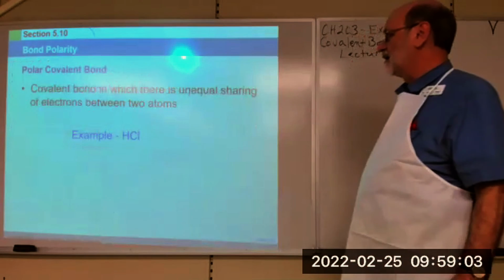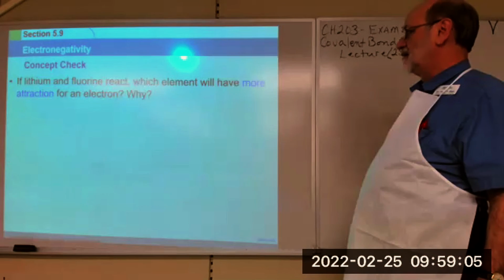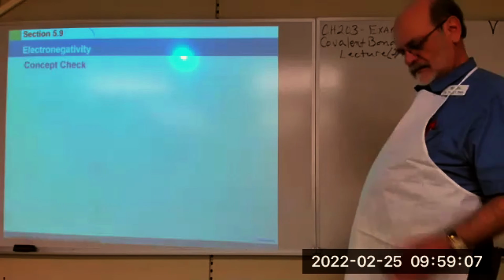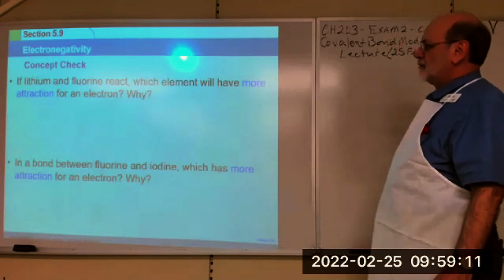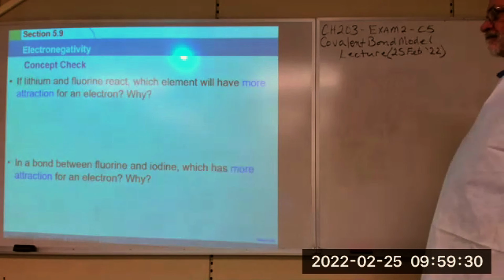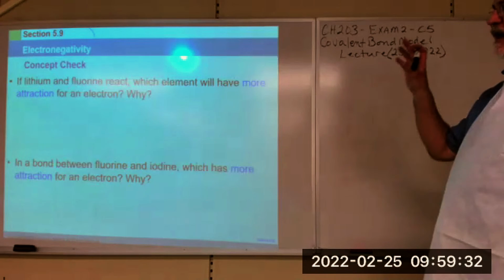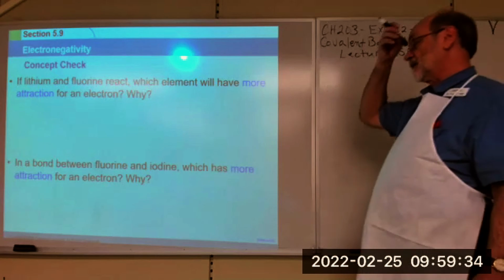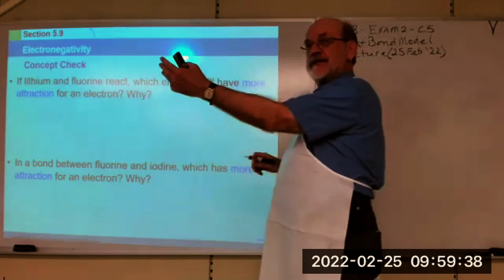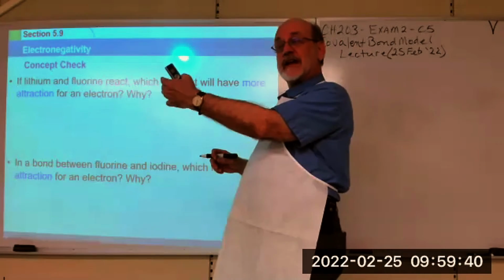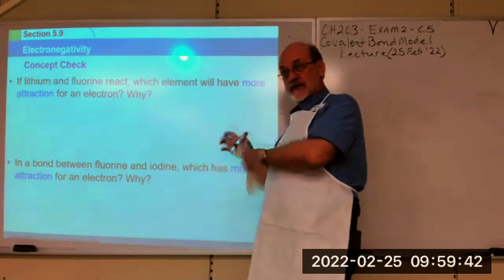All right, let me go back. So which one of these would have a stronger attraction for electrons? Lithium or fluorine? Lithium is to the far left. It has a lower electronegativity than fluorine. Fluorine has a stronger attraction.